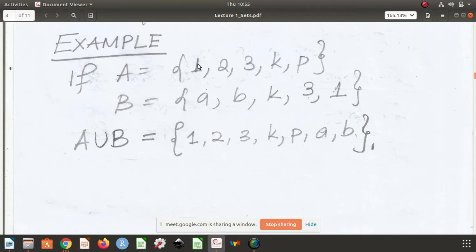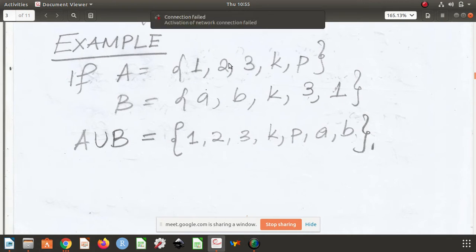So here we can write down all the elements that appear in A and write down the remaining elements that appear in B. Anything that appears in both A and B is listed once in the union of A and B. So for instance, k appears here, it also appears here, so we shall list it only once.